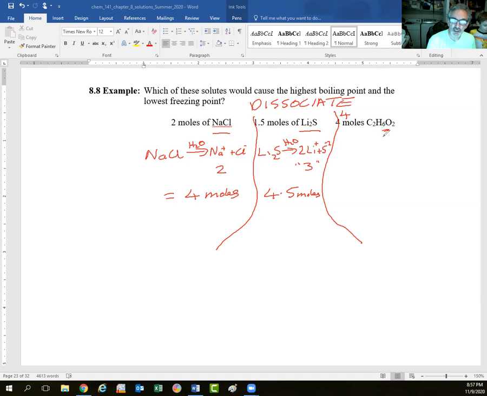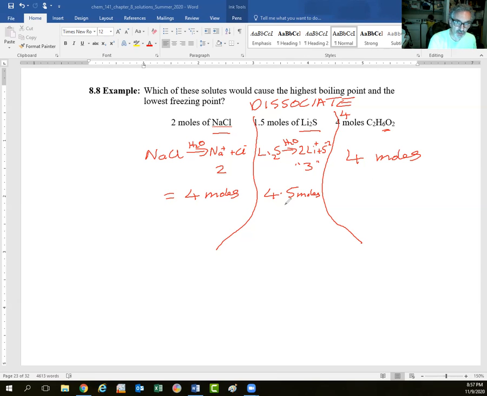So the ethylene glycol, that's probably what it is. It doesn't contain any metals, just carbon, hydrogen, and oxygen, all non-metals, and so it doesn't dissociate. So the 4 moles we start with are the 4 moles that we'll finish with in solution.